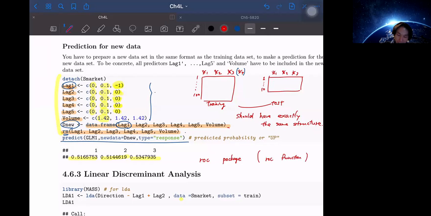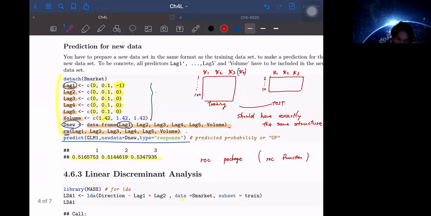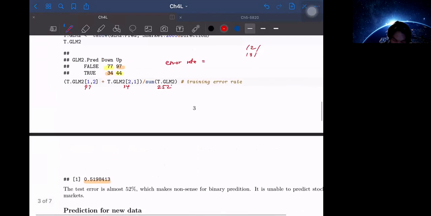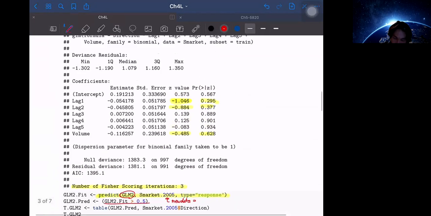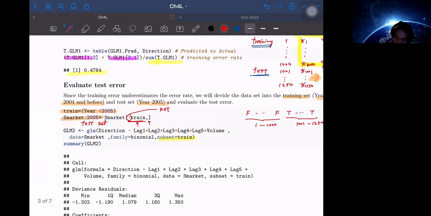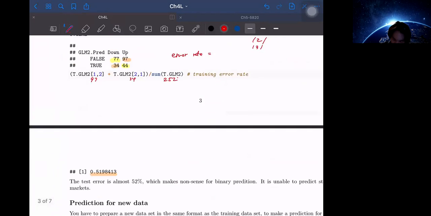The basic idea is that the ROC curve needs only two things. One is the predicted value, that is this vector, and also the original. Sorry, this is a new data set, so the ROC curve is for existing data. Basically, we need the response and the predicted.